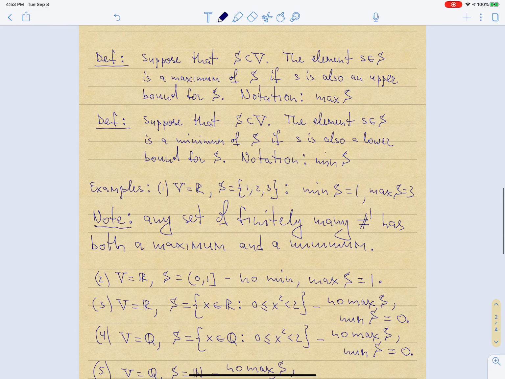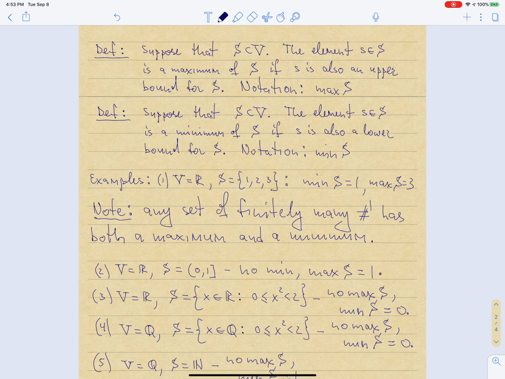Okay, the next set of definitions, again, fairly intuitive. If I have some subset S of my set V, where V is either rationals or reals, then an element of the set S is going to be a maximum of S if this element is also an upper bound. So that means that an element is a maximum if it belongs to the set, and it also dominates all other elements in the set, right?